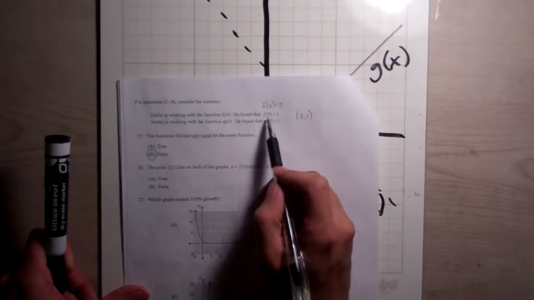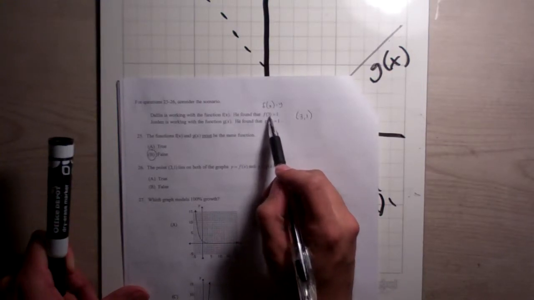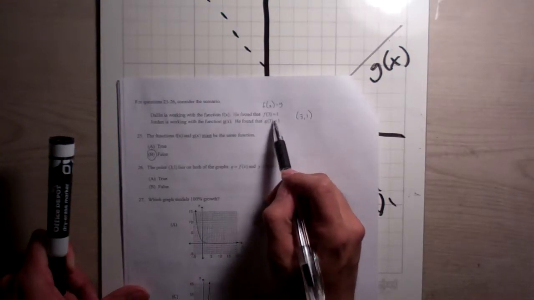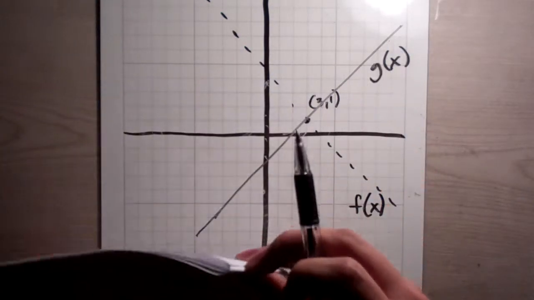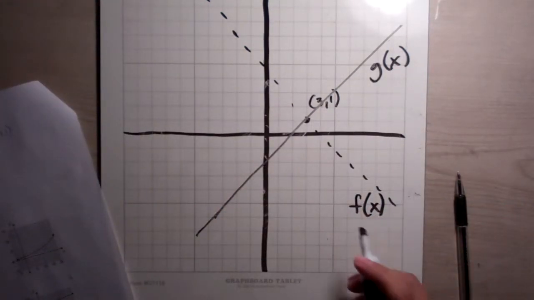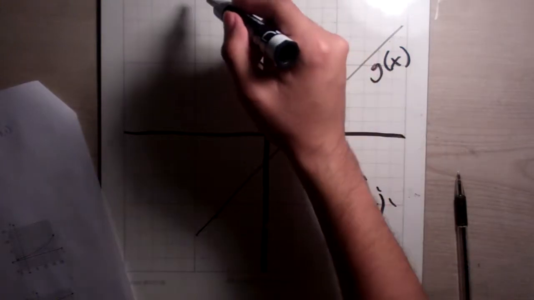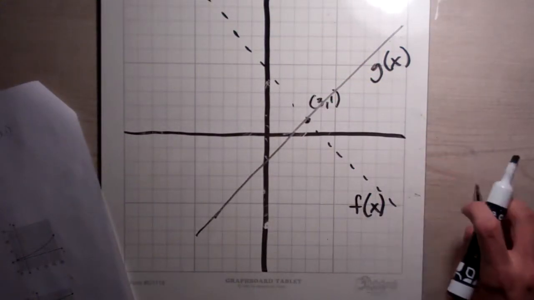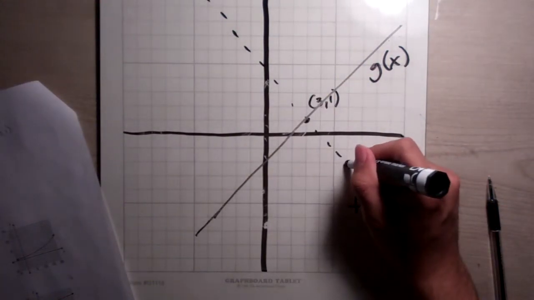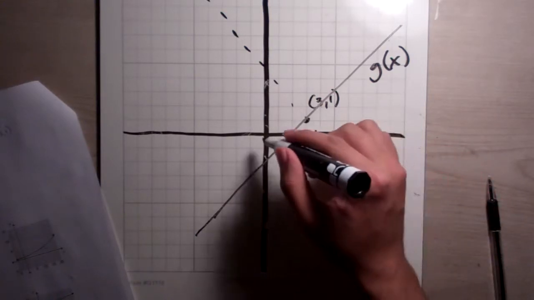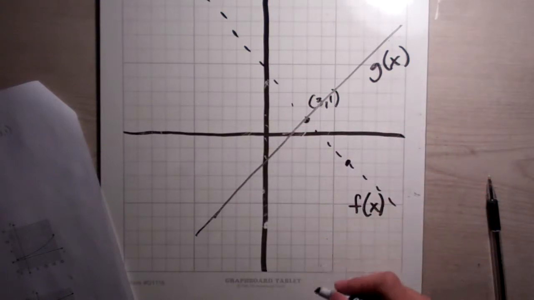Okay, whatever we have as a function, right? This is our input, that's our output. This is our input, that's our output. Like if I were to look at f of x over here, this dashed line, this point lies on that line.